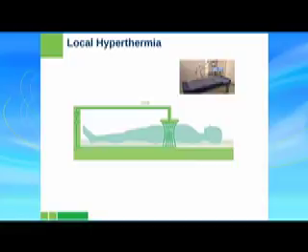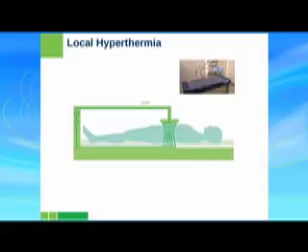And the good thing is that the tumor cannot develop resistance against this treatment, because it's a physical treatment. It means after a certain temperature, which we can reach inside the tumor, all cancer cells will die.